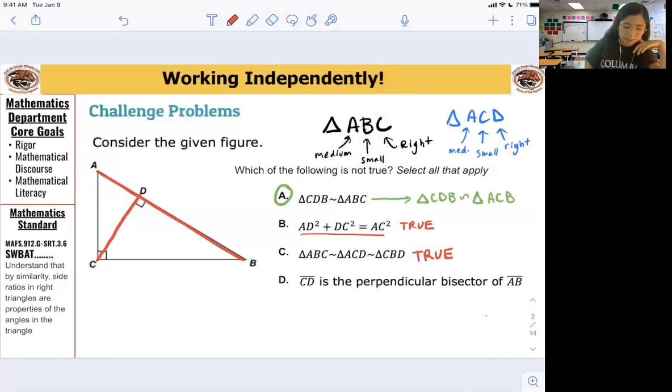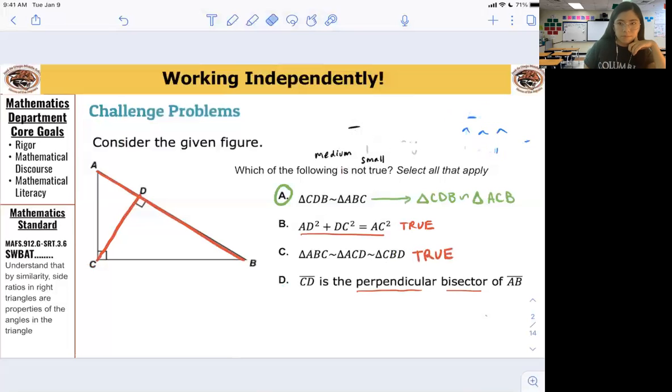Does it fit the criteria? What does a perpendicular bisector do? Cuts something in half. So what does it have to cut in half? Which line segment? AB. Did it do that?